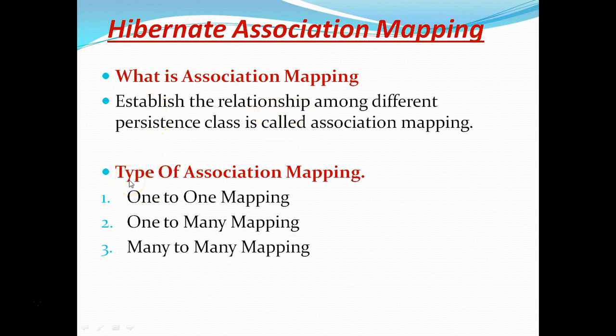Now we see the types of association mapping: one-to-one mapping, one-to-many mapping, and many-to-many mapping. I will explain these mappings with examples in Eclipse, but let's move to the next slide.